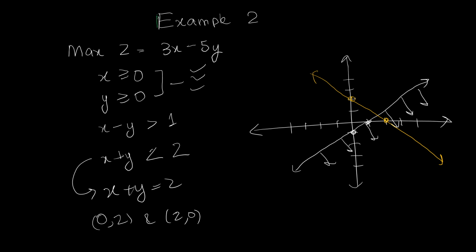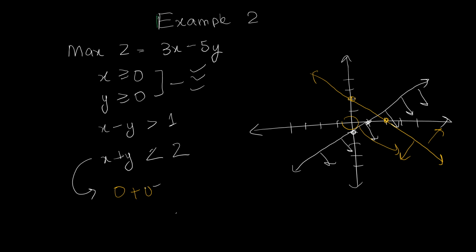It also has two regions, the upward or the downward. Which one is our answer? Let's check the origin: 0 plus 0 less than 2. Yes, it is satisfied, it's true.